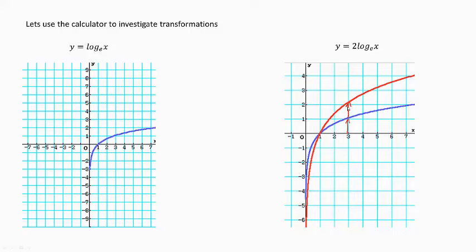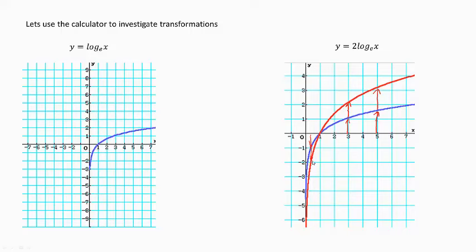So for every x value, the y value is now twice as far from the x-axis. And the same thing has happened down here. You look at this point here, it's that distance away, now it's that distance away.